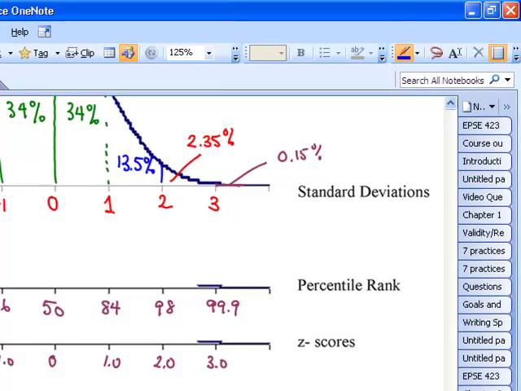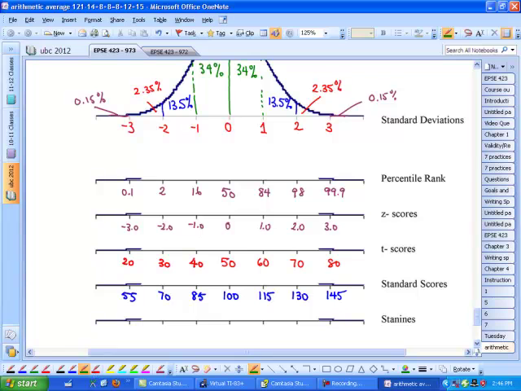What I mean by average is somewhere in this region here. I probably wrote that too big, let me go a little bit smaller. About right here. This region is the score of a stanine of 5.